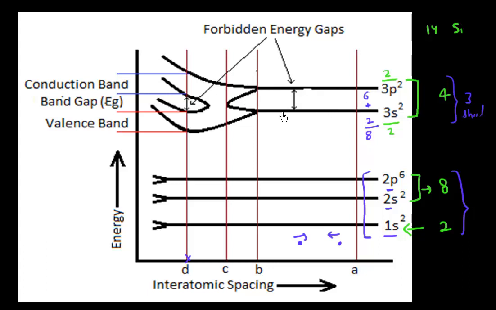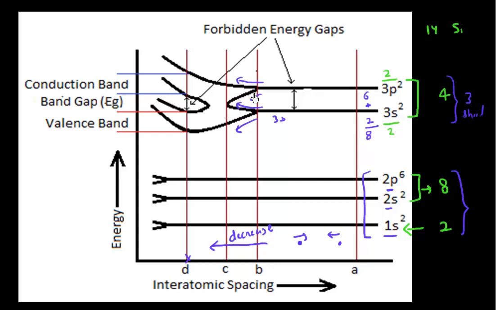The states in the 3s orbital split up and form continuous bands, and the states in the 3p orbital also split up and form continuous bands, and you see one of them rising in energy and the other falling in energy as you decrease the interatomic spacing. So some of these bands are rising in energy and some of them are falling in energy.